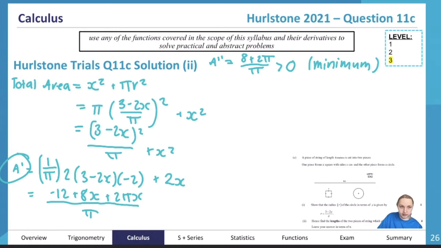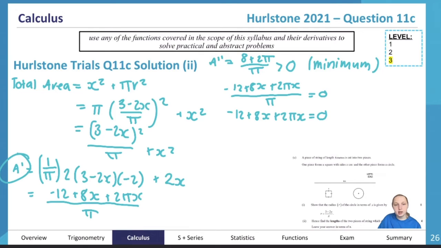So when we get negative 12 plus 8x plus 2 pi x on pi equal to 0, essentially you can multiply that pi out, 0 times pi is 0, but you're going to get negative 12 plus 8x plus 2 pi x equals 0. From there, we can move across our 12, so it becomes positive: 8x plus 2 pi x equals 12.